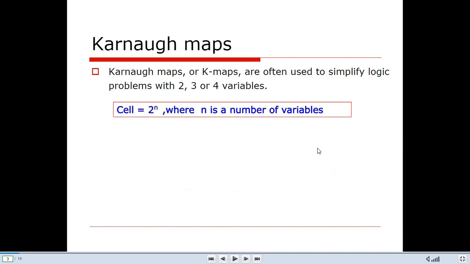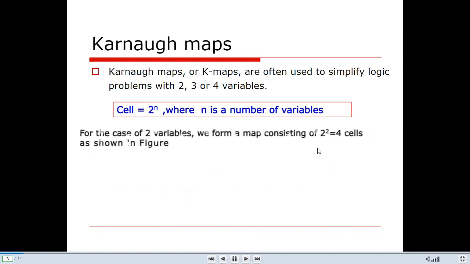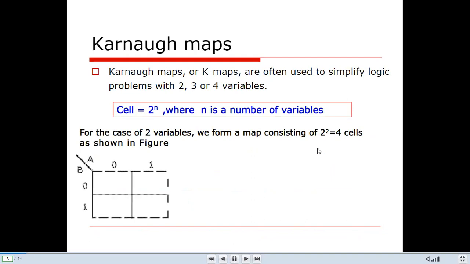Now, the number of cells is equal to 2 raised to n, where n is the number of variables. So 2 raised to 2 is equal to 4, which means the two variable K-map has 4 cells. For example, A and B are the two variables.